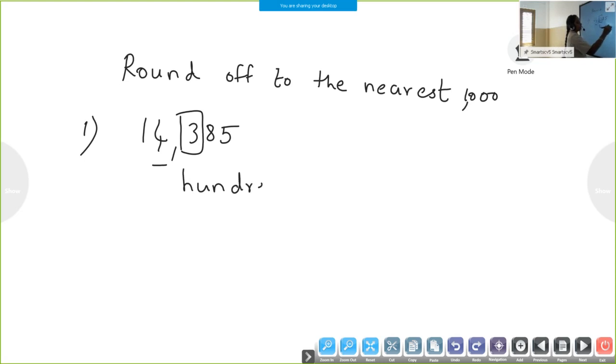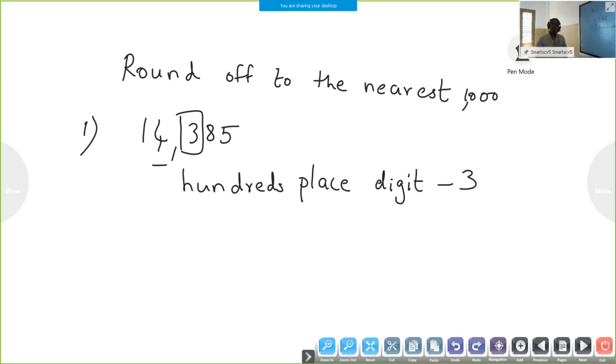I am writing the steps: hundreds place digit. So we need to go for the digit in the hundreds place. Which is the hundreds place digit? It is 3. Now the rule starts. What is the rule? If this 3 is less than 5, there is no change in the digit in the thousands place.